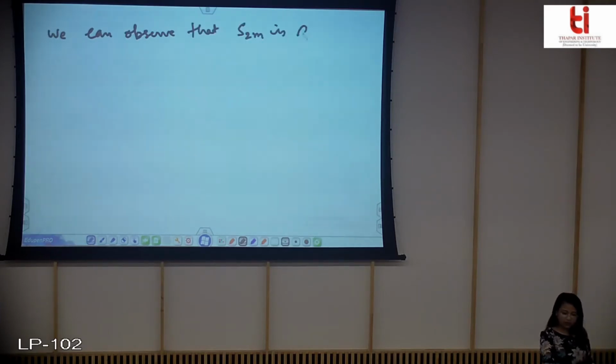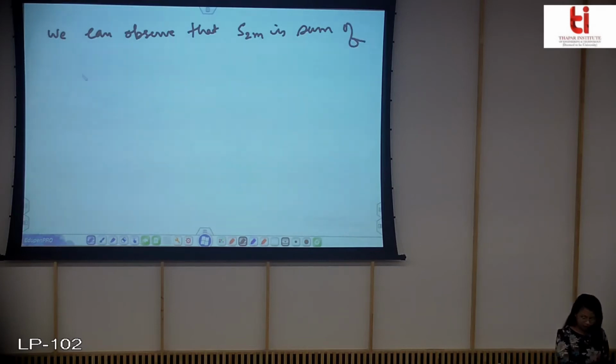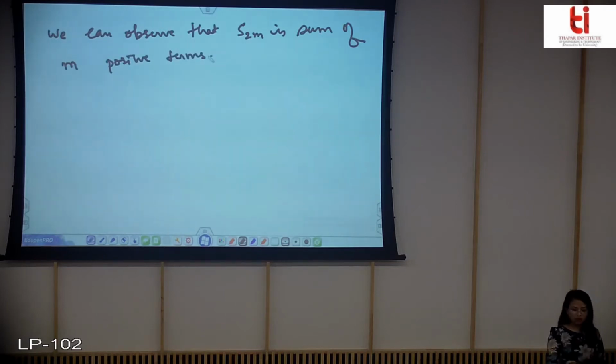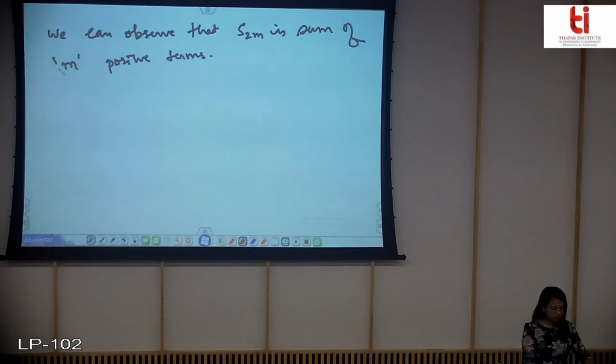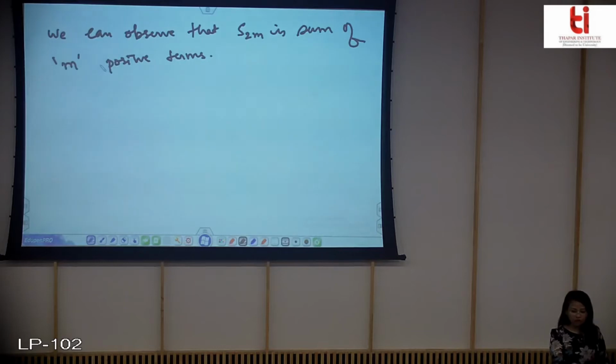We can observe that S2m is a sum of m non-negative terms, or you can say a sum of m positive terms. It may contain 0 also, so it is a sum of 0 and positive terms.